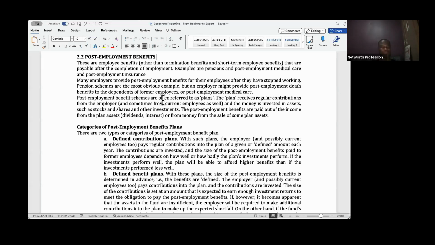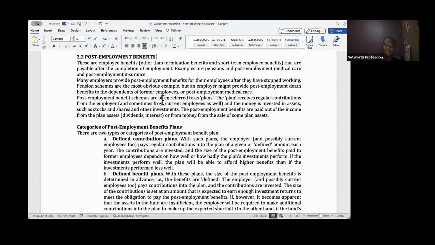And why would the employee be able to come back? The reason is that the employer has actually keyed into making a promise. He has made a promise to the employee that he's going to give him a defined benefit. He's going to give him a certain amount of benefit.